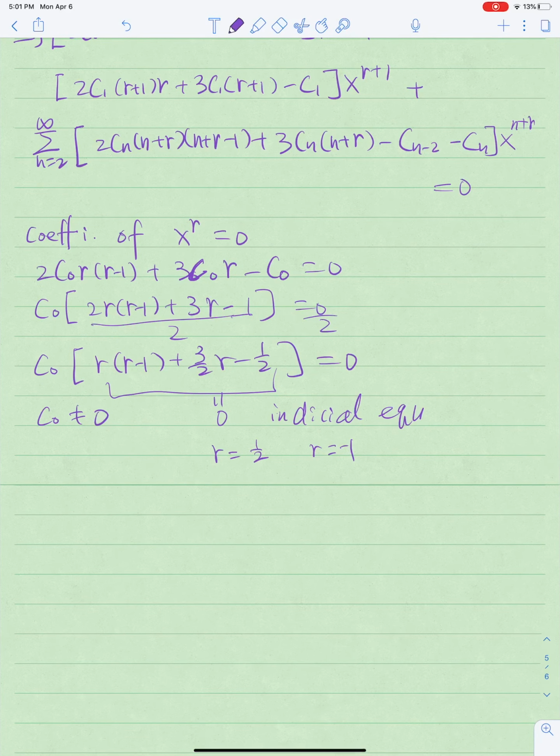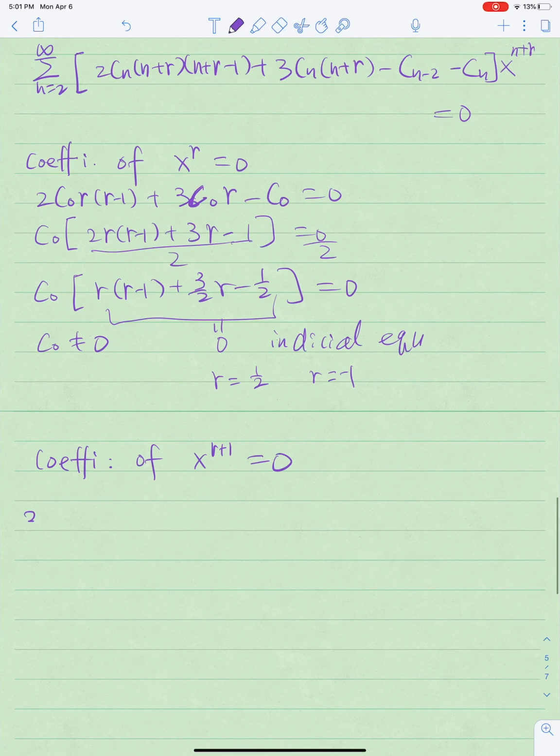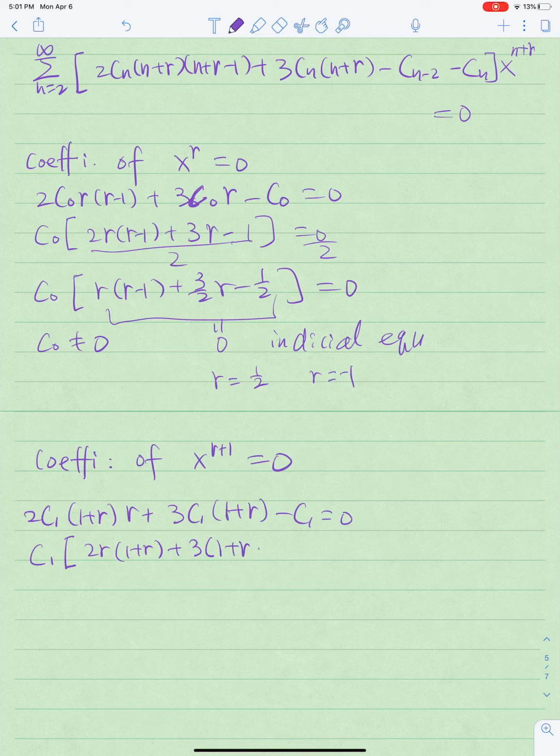Now, the coefficient for x to the r plus 1, we set them equal to 0. And then we can factor out the C1, and simplify.